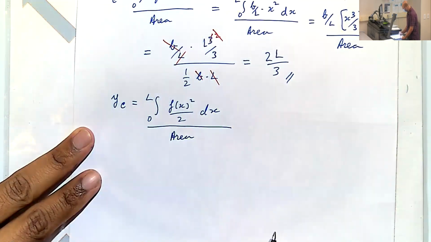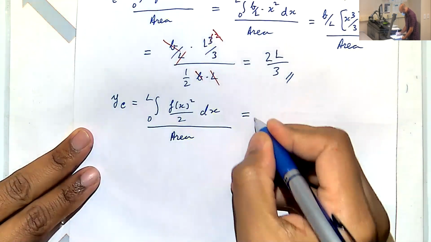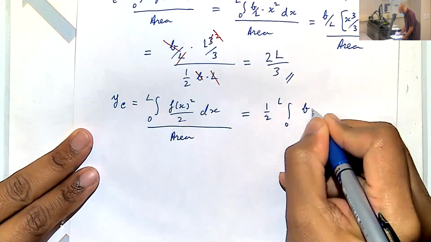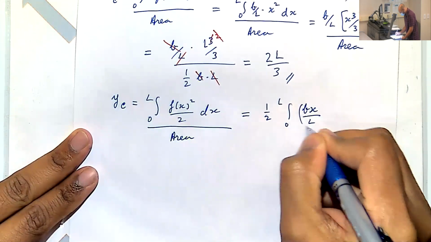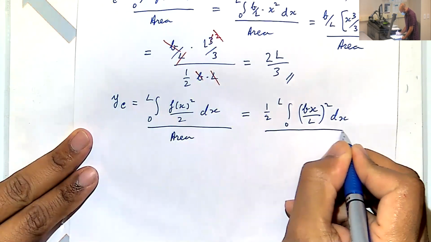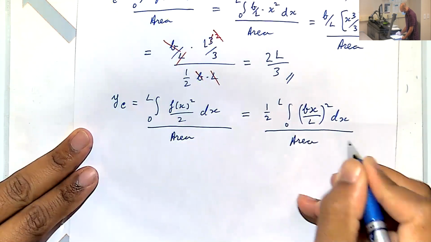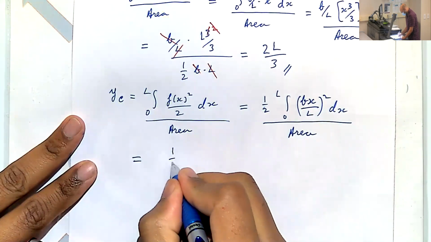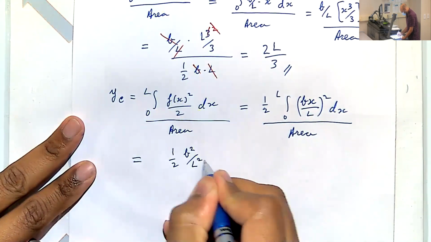So we have half the integral from 0 to L of bx over L, whole squared, dx, over area. This is very easy. So half b squared over L squared.